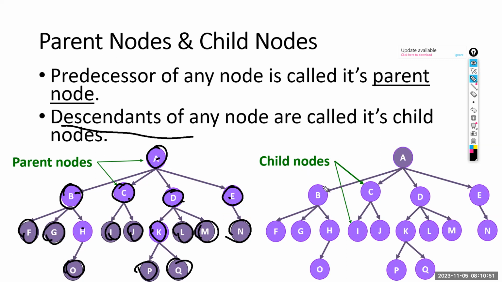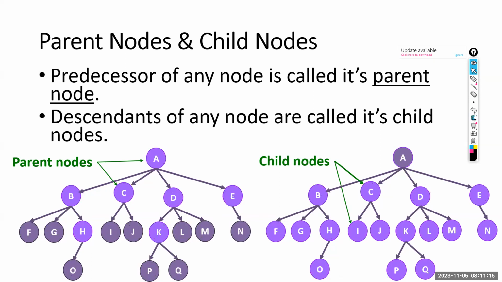For example, B, C, D, and E are descendants of A. So therefore, B, C, D, and E are children of A. Similarly, F, G, H are children of B. O is a child of H, and so on. So we use these terms when we build some concepts.